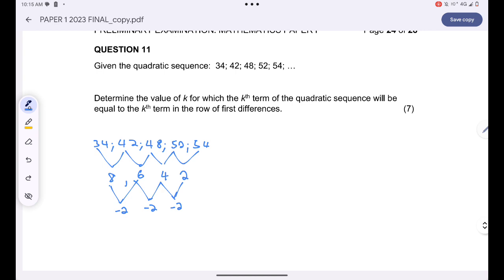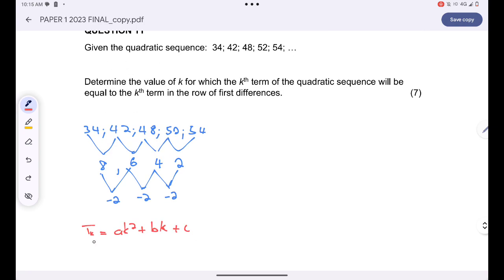Remember that I just need the values of a, b, and c, because Tk is just equal to ak squared plus bk plus c. The kth term is usually called the nth term, so wherever I have n, I just substitute k.